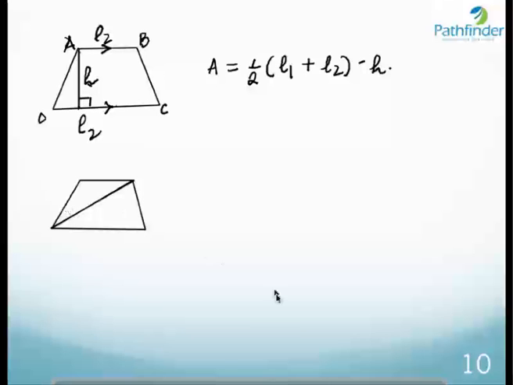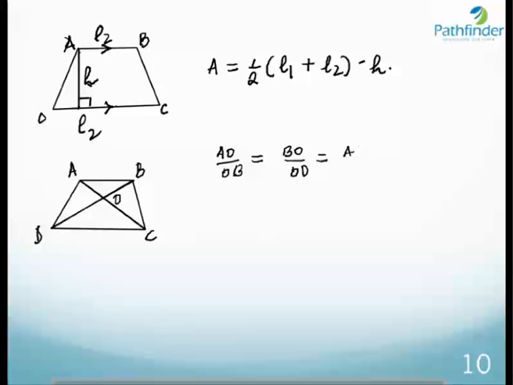Next, if we have a trapezium and if we draw diagonals to this trapezium, diagonals represented by AC and BD, let us say the diagonals intersect at the point O. Then we have AO upon OC is equal to BO upon OD, which must be equal to AB upon CD.